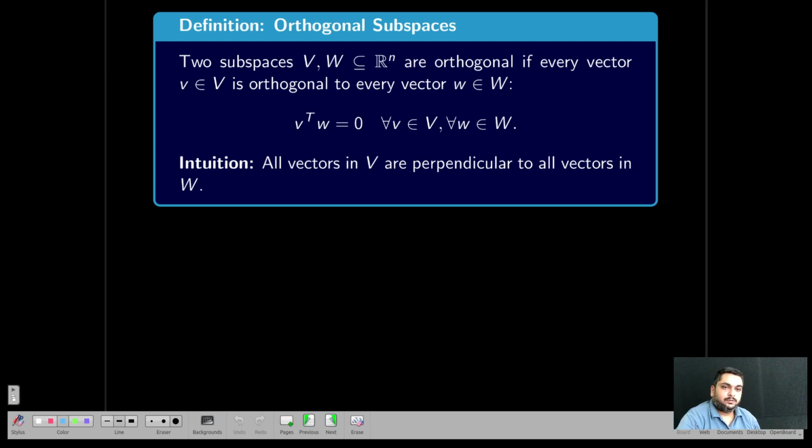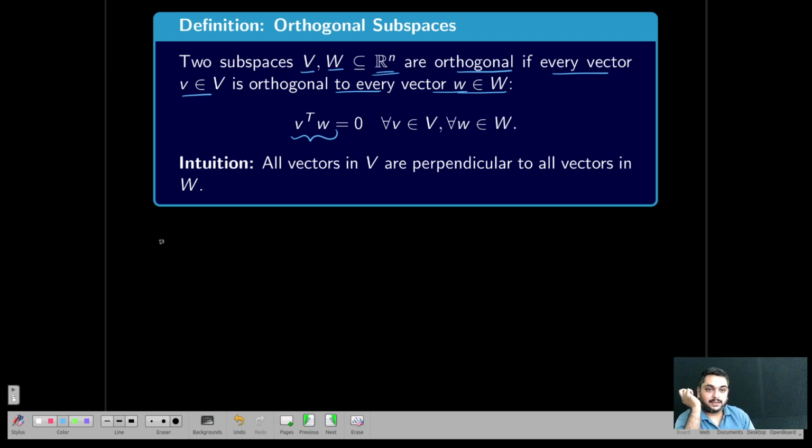Next, you come to orthogonal subspaces. Let us say there are two subspaces V and W that belong to Rn. They are orthogonal if every vector v of the subspace V is orthogonal to every vector in W, such that v transpose w equal to 0, or w transpose v should be equal to 0.